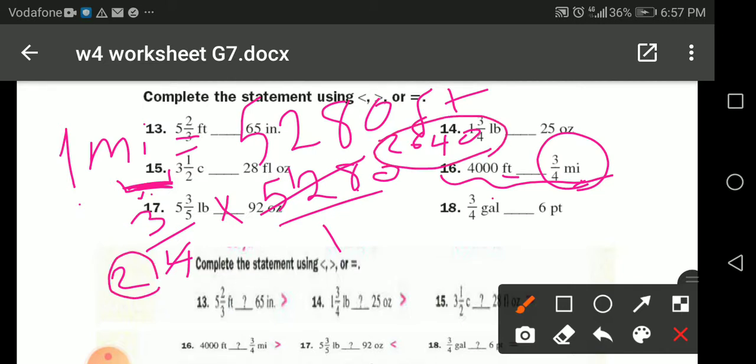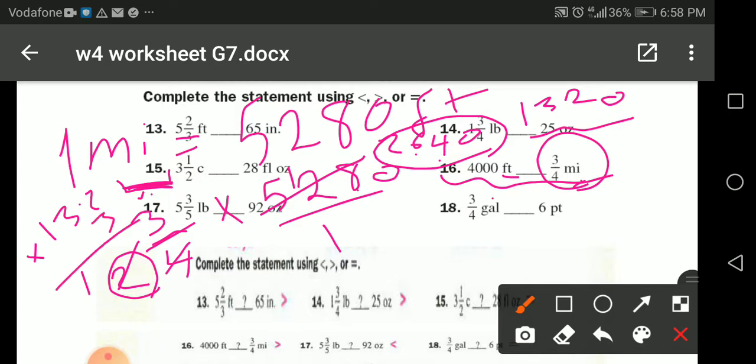Do we still have something in common? Yes. Divide by 2 again, and we have 1,320 times 3. So I'm going to multiply them together. 1,320 multiplied by 3.